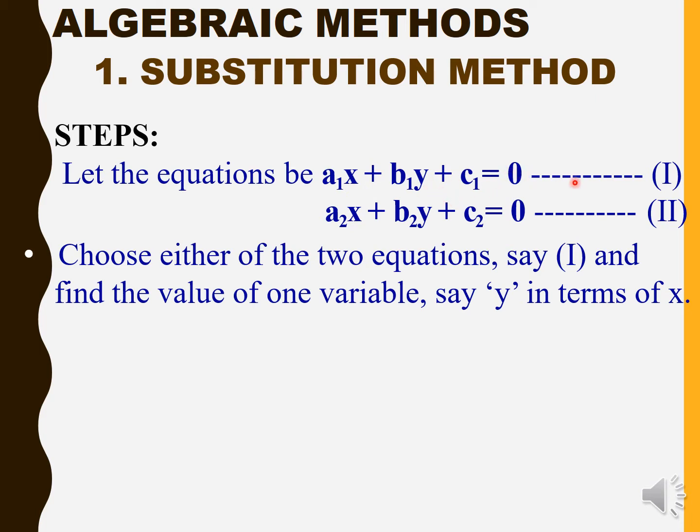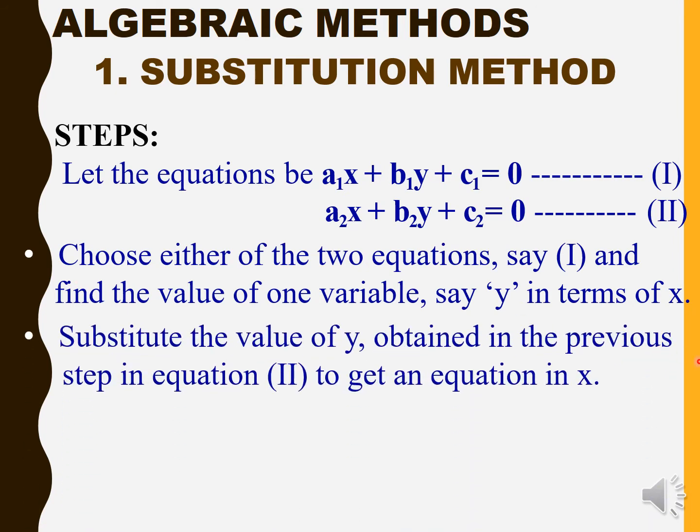Now since we have one equation in terms of y, the next step would be to put or substitute that value of y in the other equation. So if we have taken from 1, now we will put those values in equation 2.